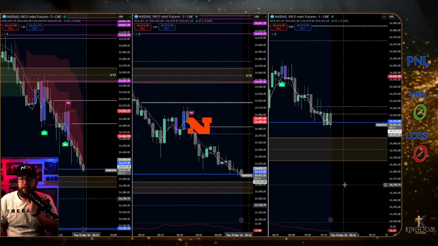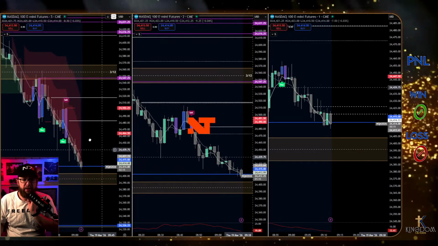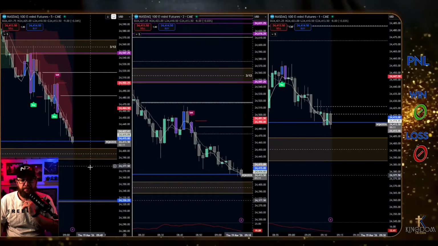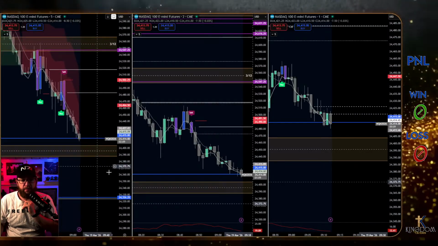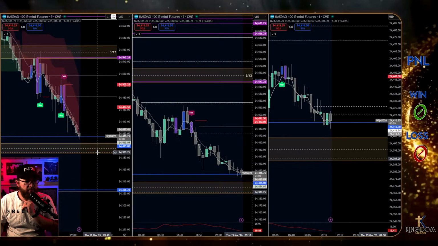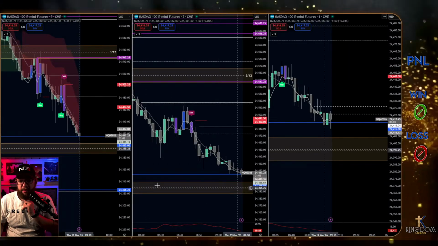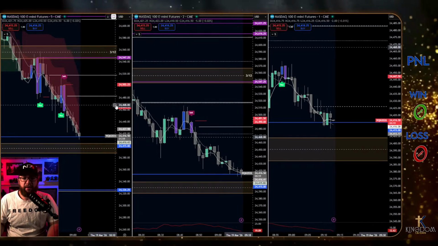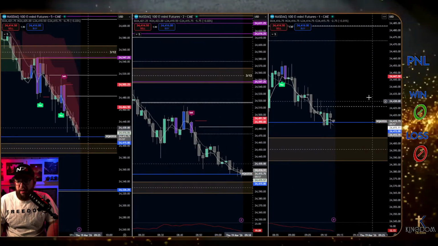Alright, level break. Just trying to break this level all the way down to sauce box. Unnamed sauce box. What was I doing? Who knows what that's from? Is it even a sauce box, or did I just mark something out? I don't know because I didn't actually label it. Idiot.